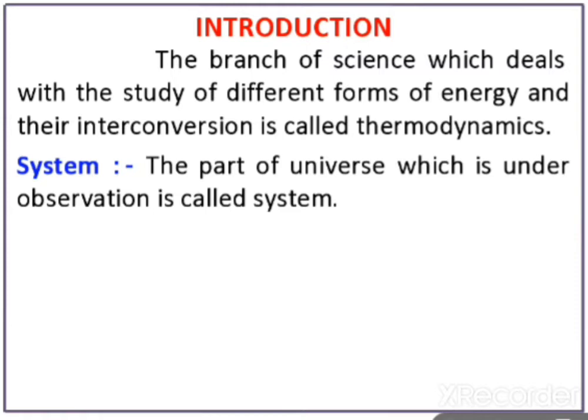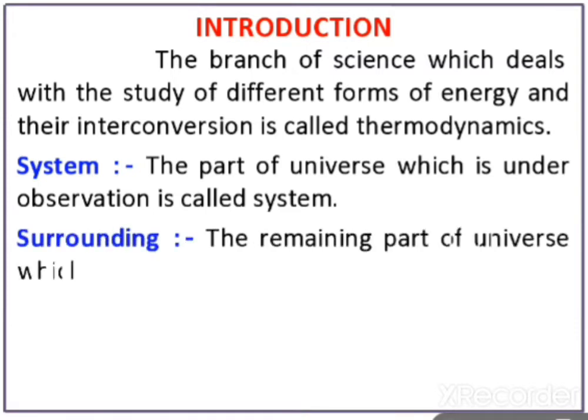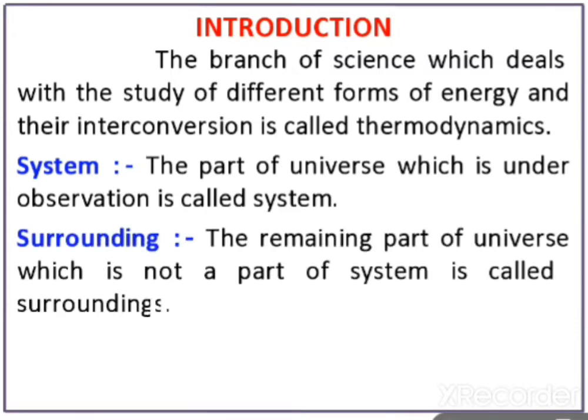So what is system? System is the part of universe which is under observation, and the remaining portion of universe is called surrounding. Except system, all the remaining part is surrounding. But here the question is, if I am going to perform a chemical reaction in the chemistry lab, then we have to see the relation between the chemistry lab and the outer environment.